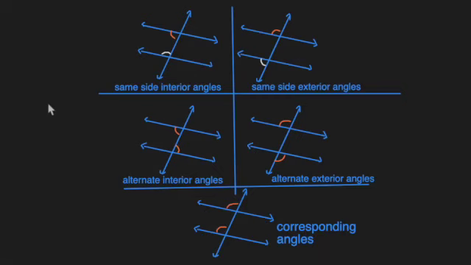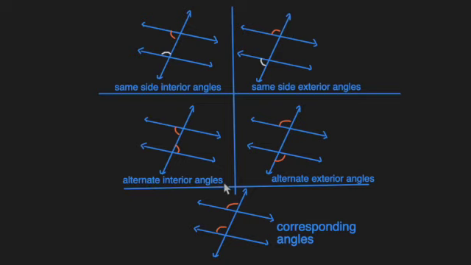Here's our catalog of angle relationships. If two angles look like this, they are same side interior angles because they're on the same side of the transversal and they're both inside the parallel lines. Same side exterior angles are on the same side of the transversal and both outside the parallel lines.